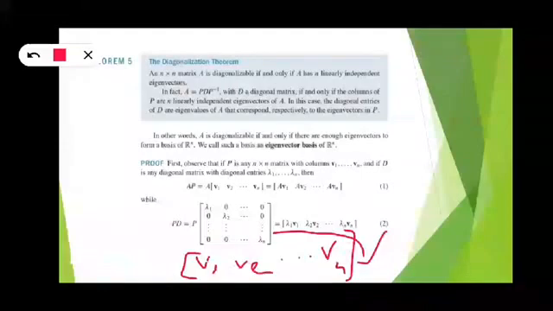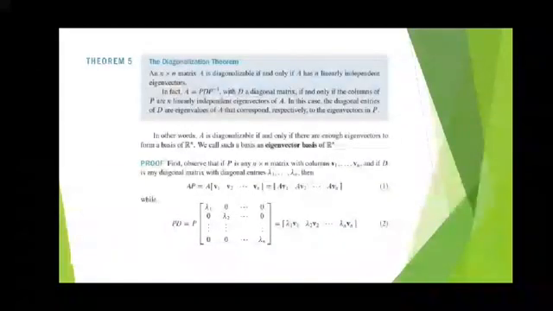The second column is 0 times v1 plus lambda 2 times v2 plus zeros, so it is lambda 2 v2. The last column is lambda n vn. So the matrix PD is lambda 1 v1, lambda 2 v2, up to lambda n vn.